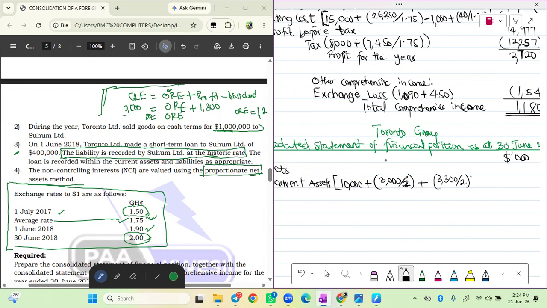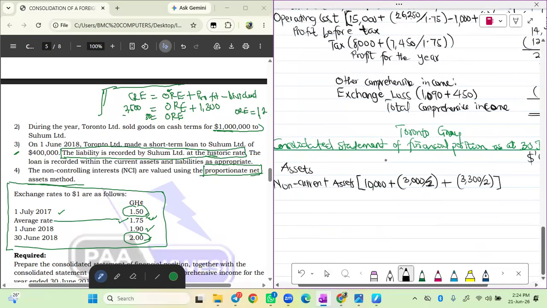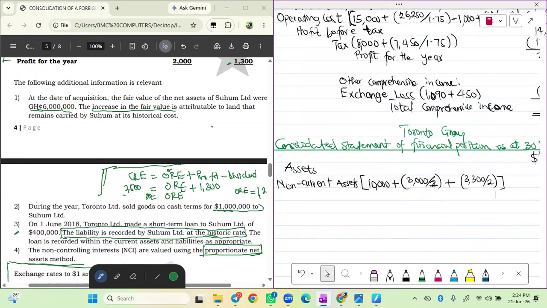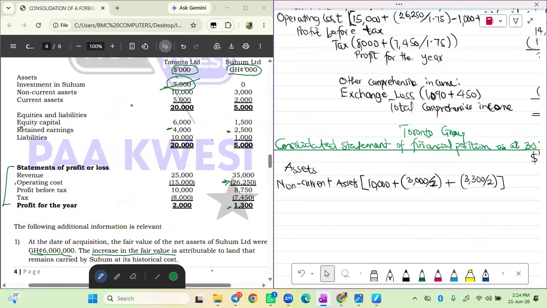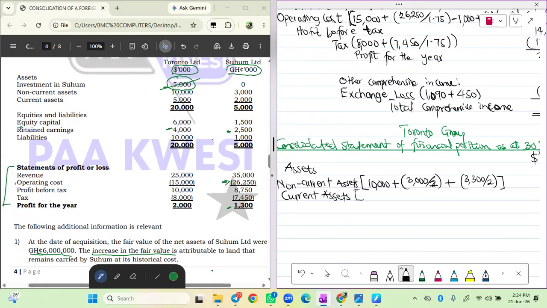We don't have anything for PPE again. Current assets are $5,000 plus 2,000 cedis, so that one you retranslate.